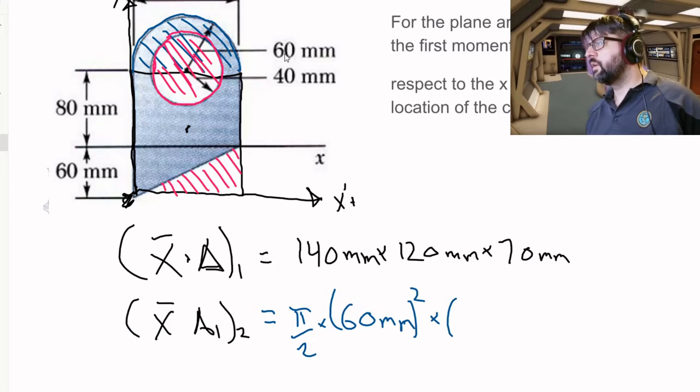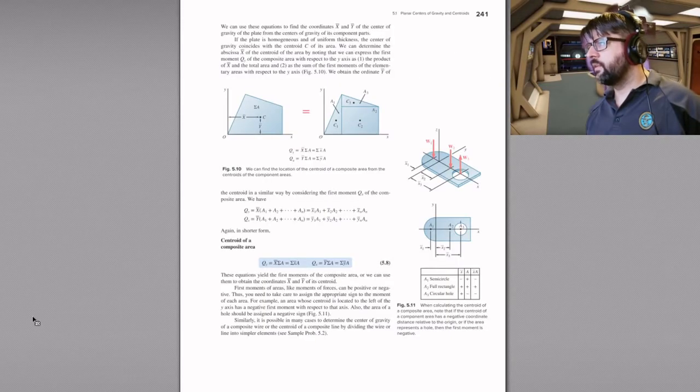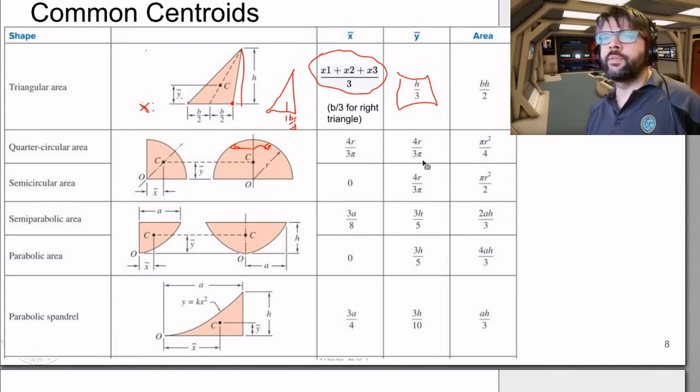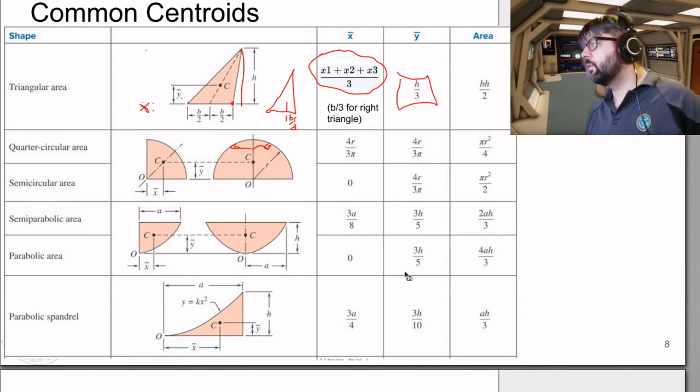We know it's going to be above this 140 millimeters, so we'll throw the 140 millimeters in there. Looking at our graph here, for a semicircular area the location is given as 4r over 3 pi.